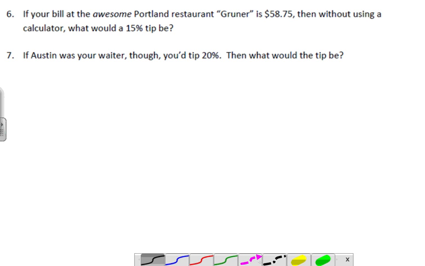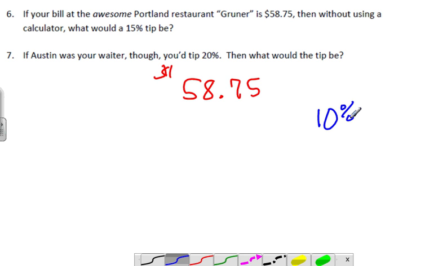Number 6, without using a calculator, we're calculating a 15% tip on a $58.75 bill. First, we'll look at the 10%, which is easy to do because you just move the decimal place one place to the left.